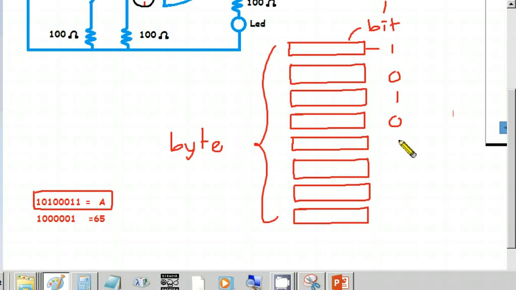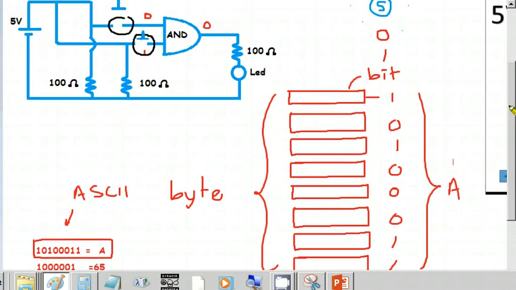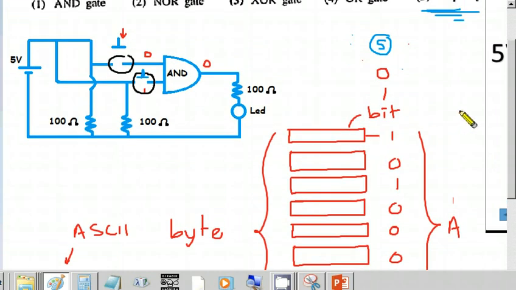If the bit pattern is like this, we need 8 circuits. So this one represents the character A. This pattern is called the ASCII pattern, ASCII code. So you know these things. That is why we call this one a bit.